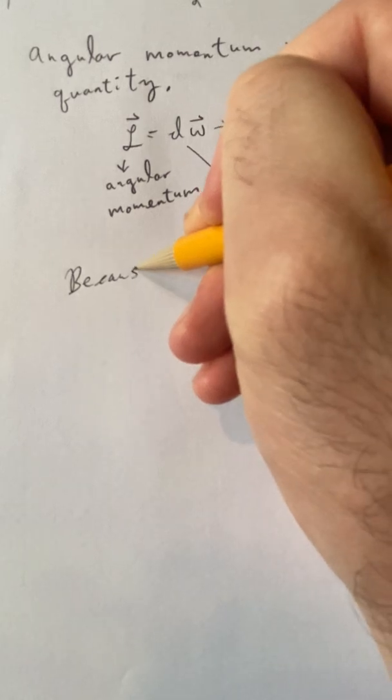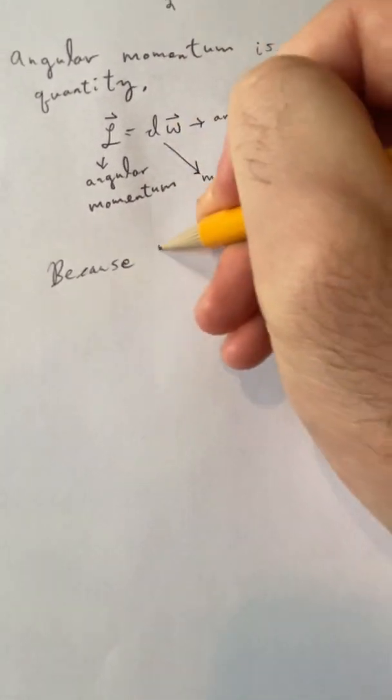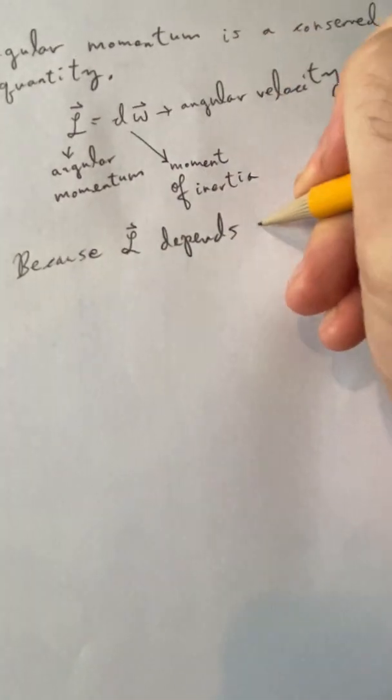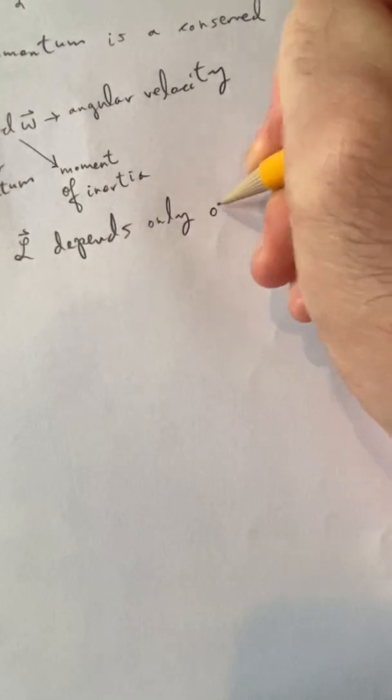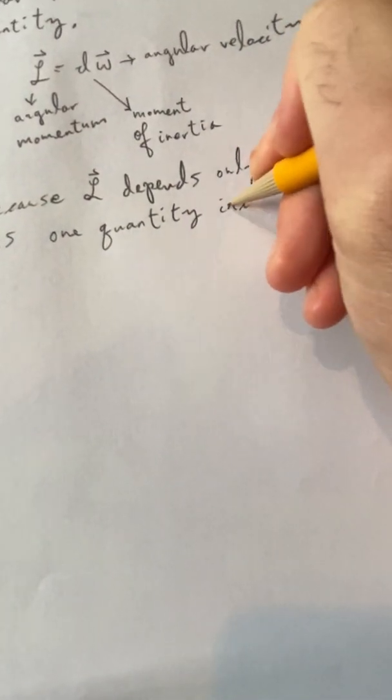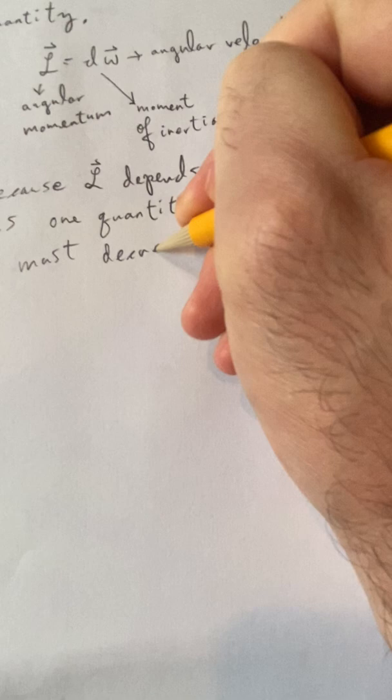Because L depends only on I and omega, as one quantity increases, the other must decrease.